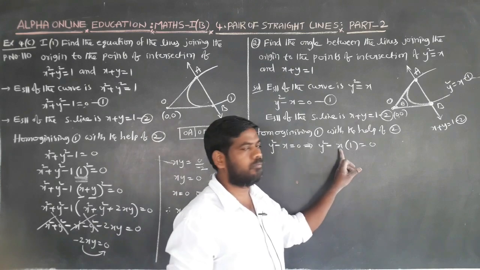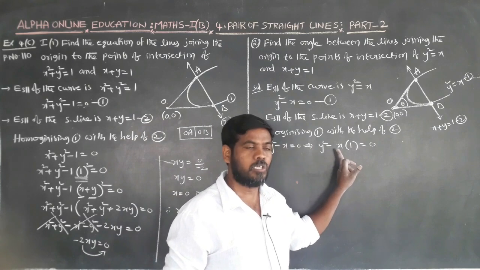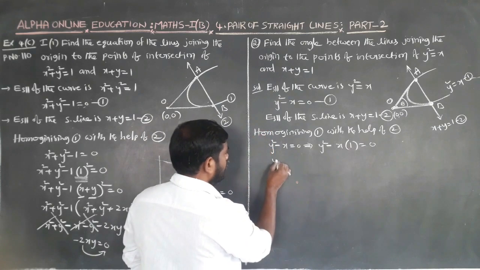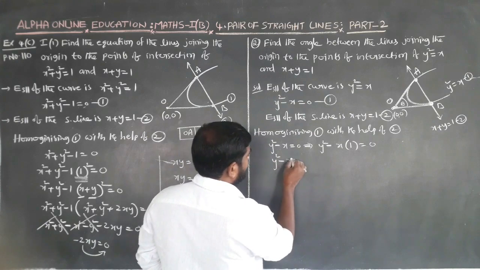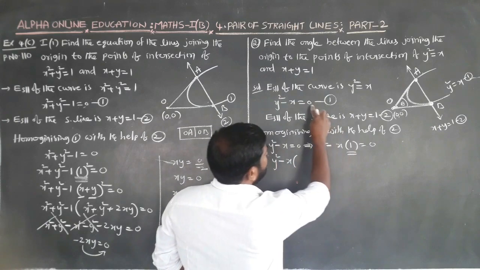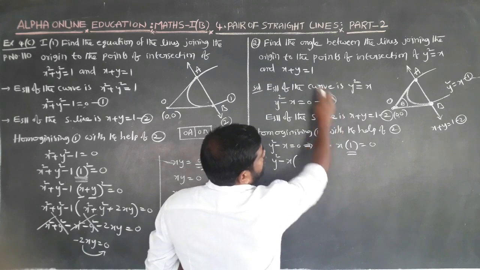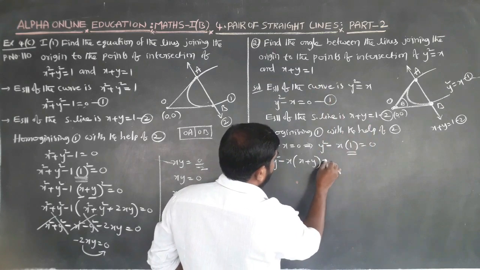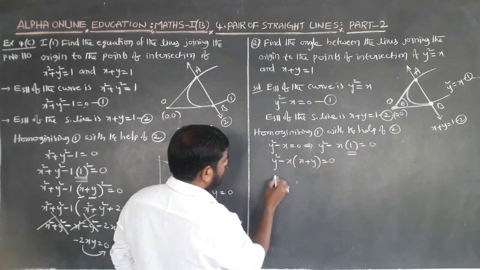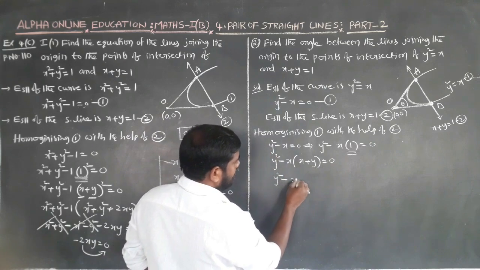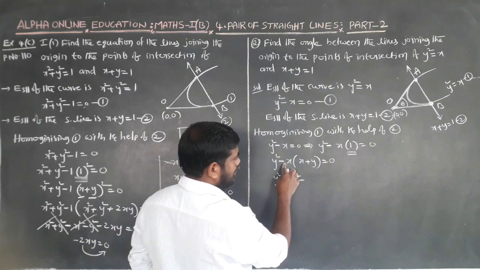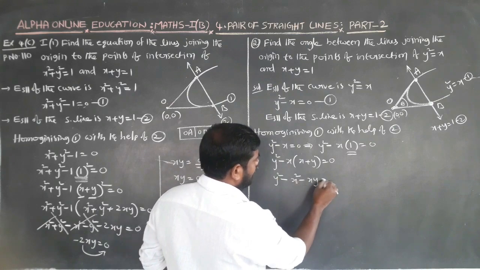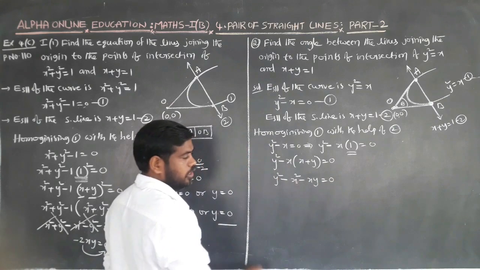Here only one x term is there. So x into 1. y square minus x into 1 is equal to, write down x plus y is equal to 0. y square minus x into x, x square, minus x into y, xy is equal to 0.